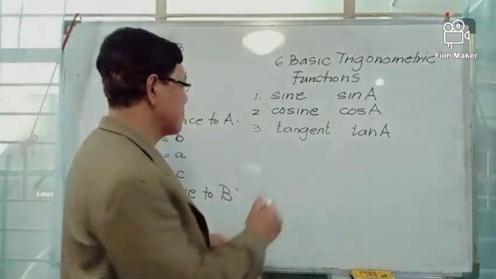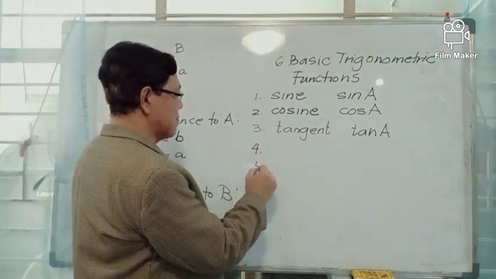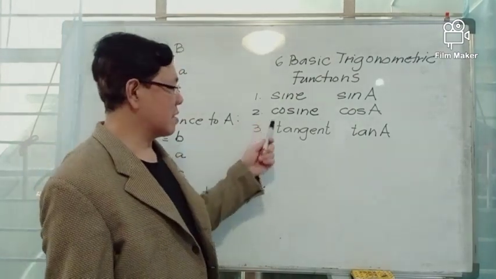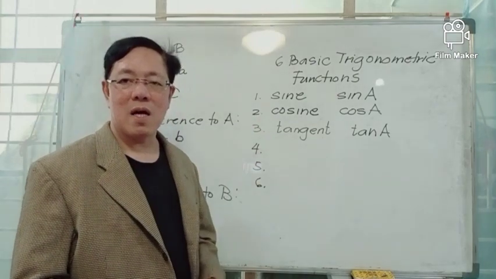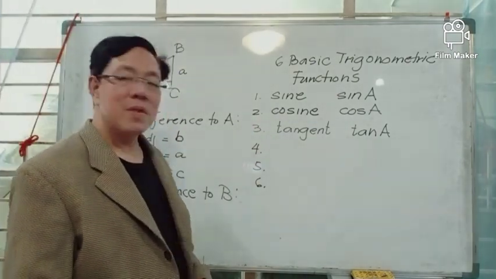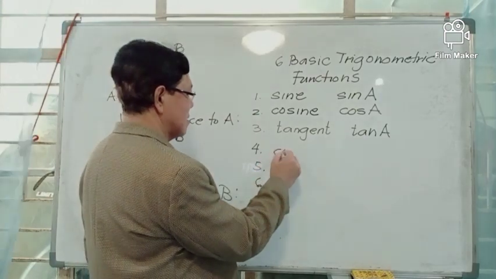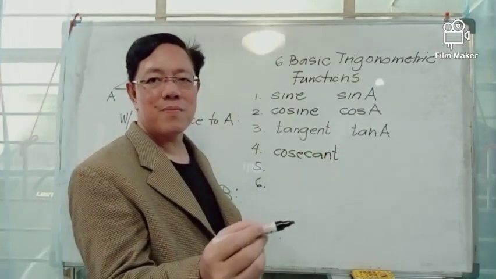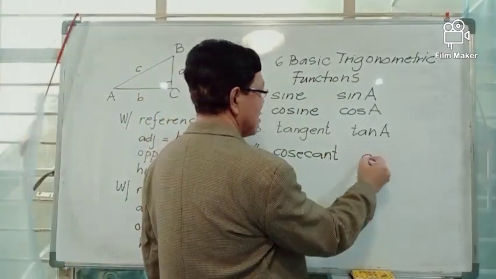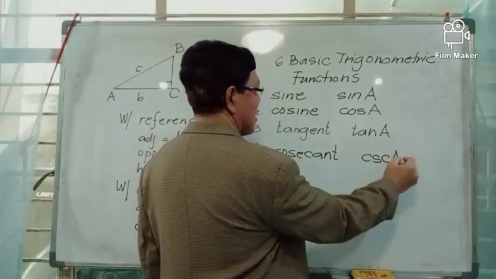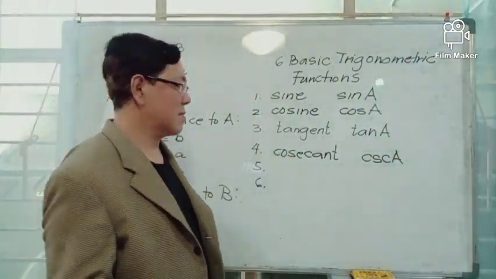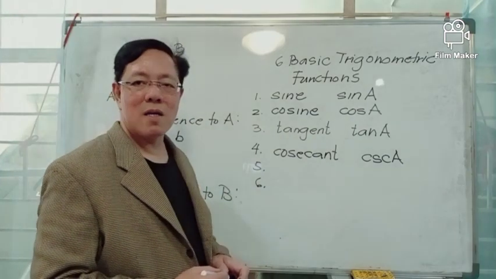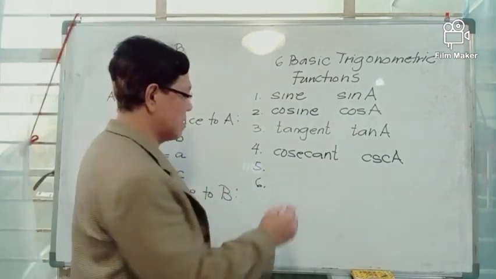The next 3 of the 6 basic trigonometric functions are reciprocals of the first 3. The reciprocal of sine is known as cosecant. Using the acute angle A, we write CSC A, cosecant of A. And the reciprocal of cosine is known as the secant.